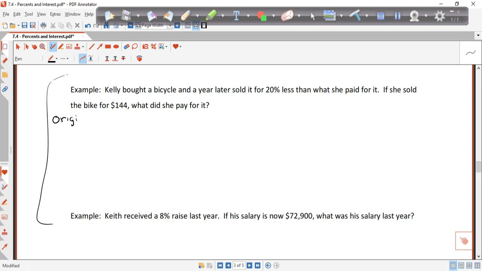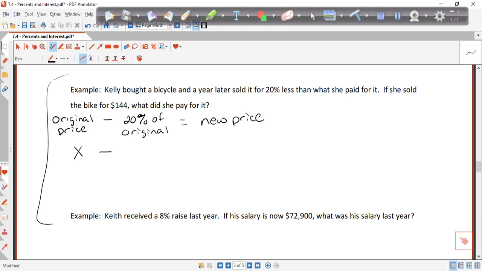Okay, we can think of it as original price minus 20% of the original price equals the new price. Okay, well, we don't know what the original price is, so I'm going to call that x.